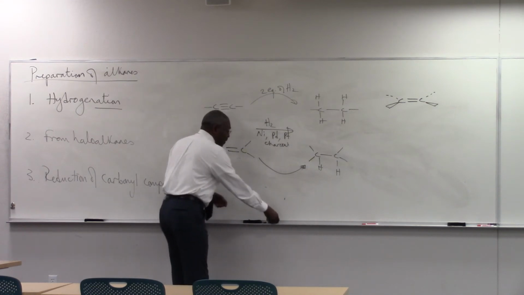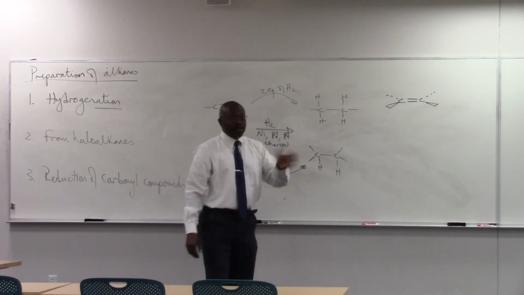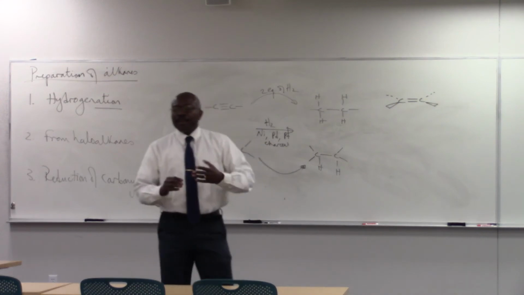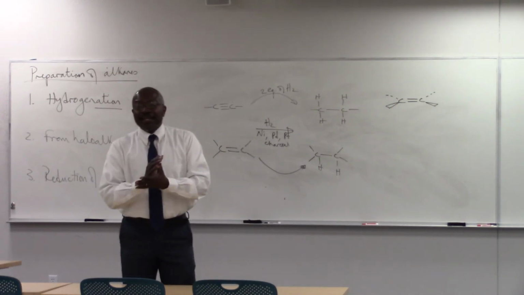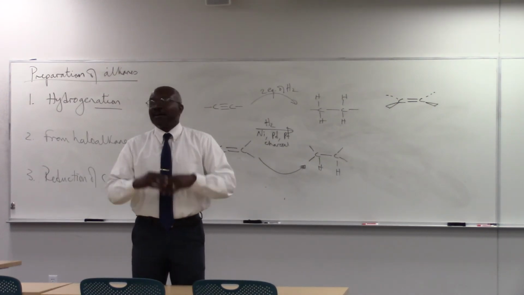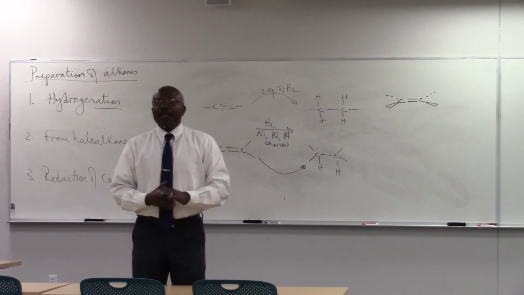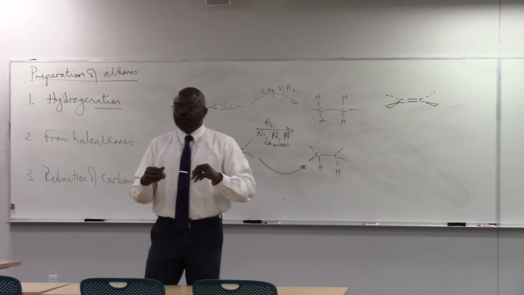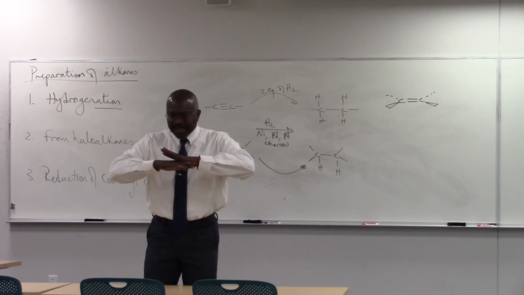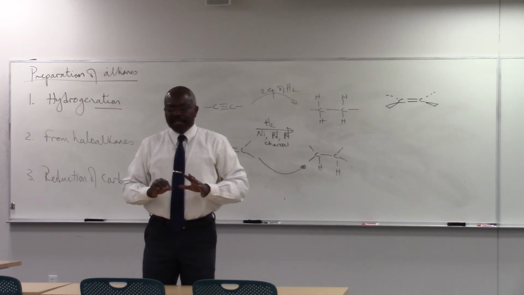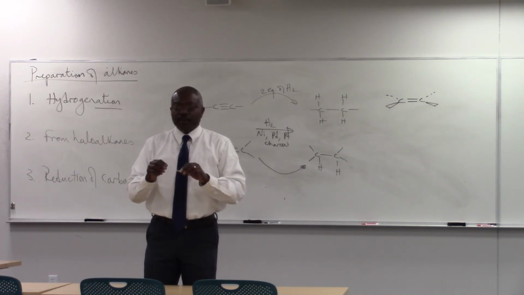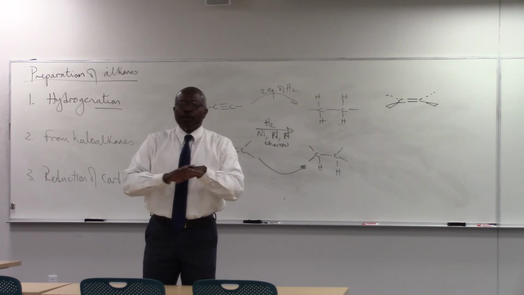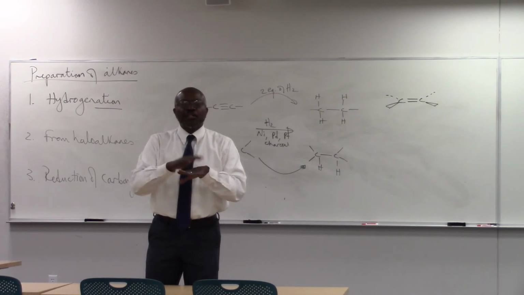Palladium and platinum are much better than nickel. But both palladium and especially platinum are very expensive. So what you do is you want to disseminate the metal, especially the expensive ones, over a broad, powdered, inert surface.